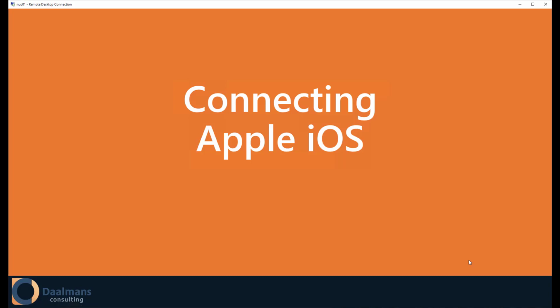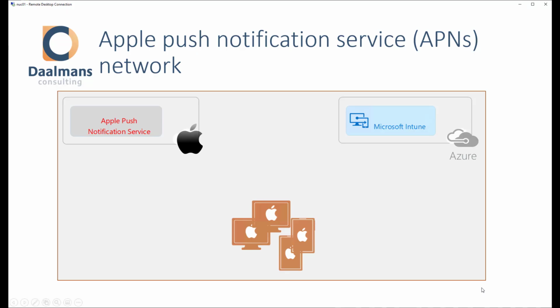But first, let's talk about how we are able to connect to our Apple iOS devices if we use Microsoft Intune or any other MDM. Connecting to your Apple devices is always done via the Apple Push Notification Service. This is a cloud service maintained by Apple.